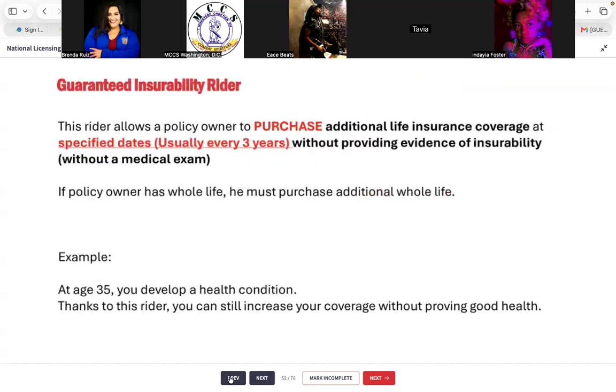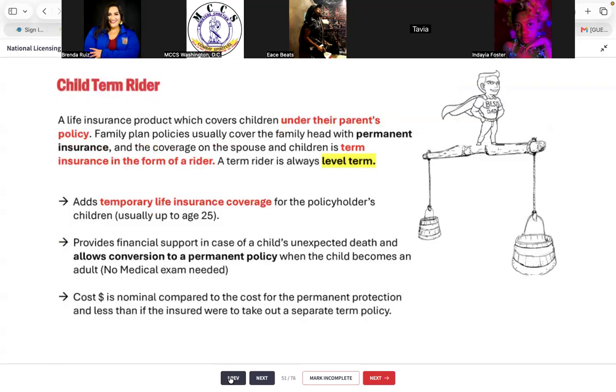Now, the children's term rider right here, this is if I own just my own policy and I don't have one for my kids independently. I only own one policy, which is my own. I want to add my kid to my policy. Now, if I don't have the waiver of disability rider on my own policy and I get sick, none of us will have coverage.